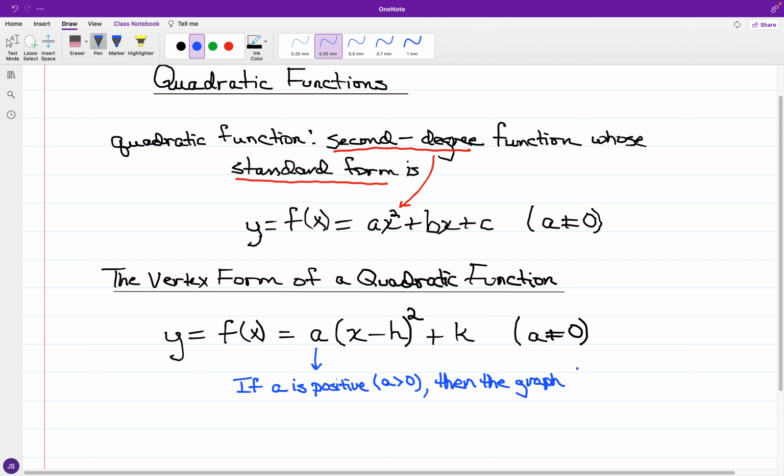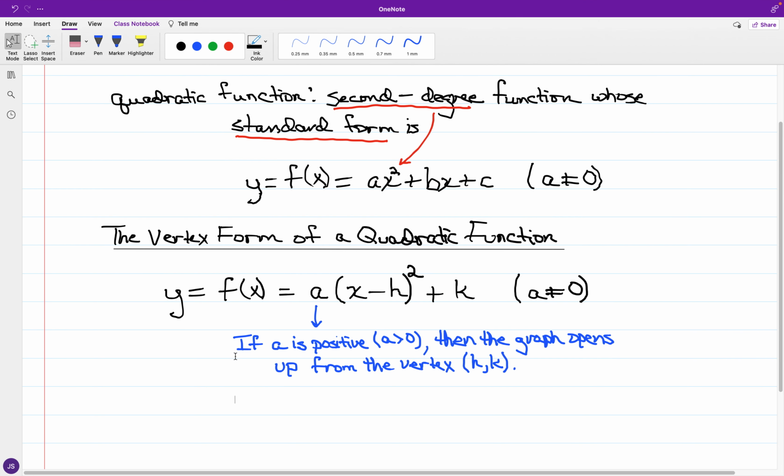This is where the h and the k will come in. So if a is positive, the graph is going to open up from the vertex. The vertex would be in the xy coordinate system, but the numbers h and k will form the x and y coordinates that define this vertex. So this is whenever the leading coefficient a is positive.